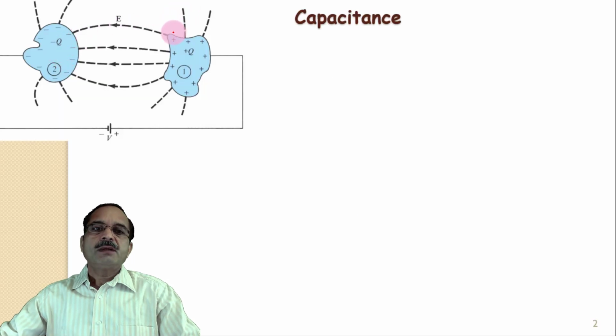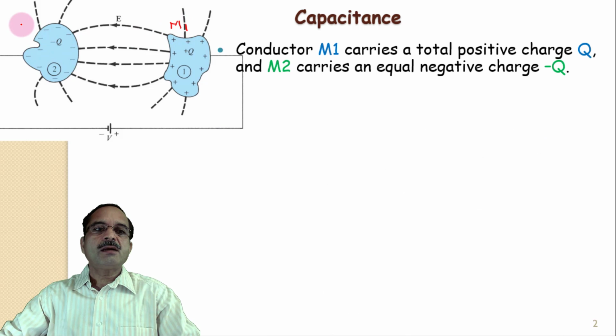So let us assume there is a conductor M1 here which is positively charged and conductor M2 which is negatively charged, and in between there is a dielectric with permittivity epsilon.